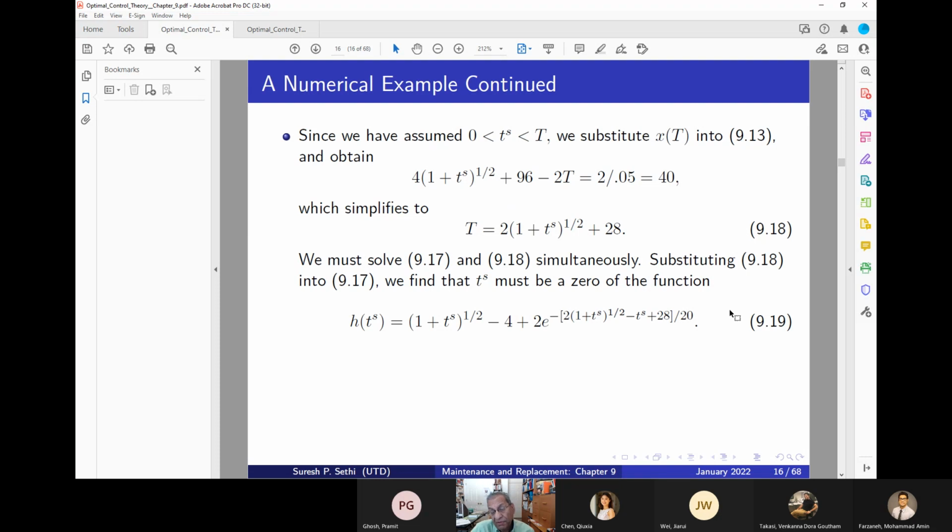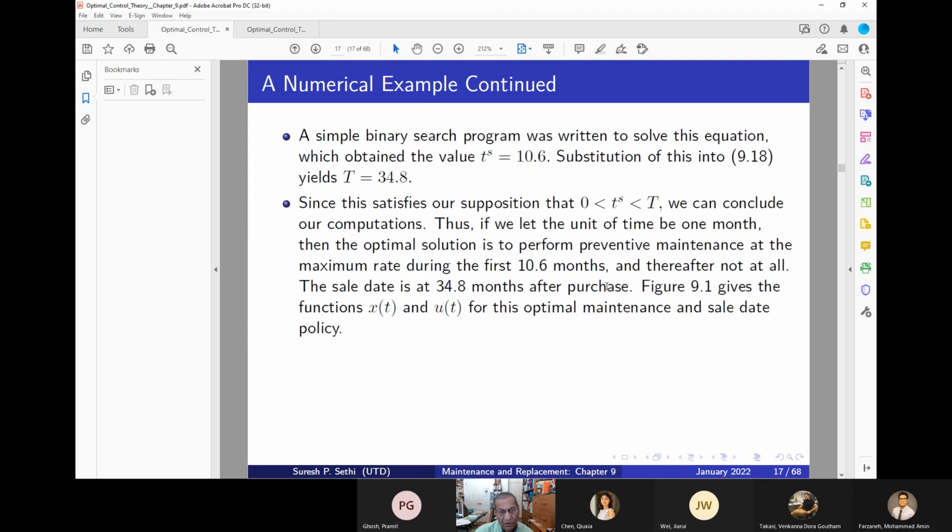So we have only one variable equation, but that's a transcendental equation. There is usually no closed form solution for most transcendental equations. And so what we do then is a numerical solution, which is very easy to do for any one-dimensional equation. So we can write a program.